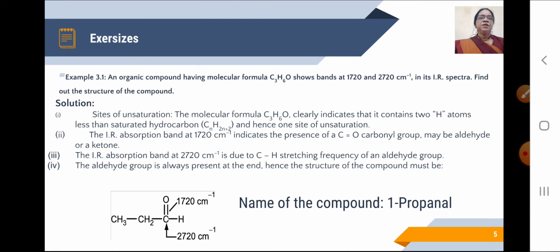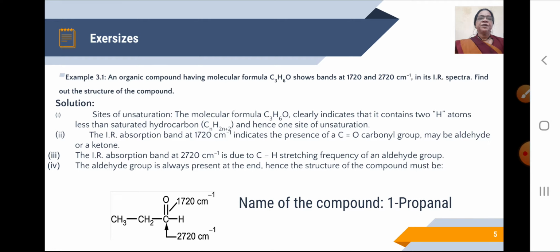The molecular formula C3H6O clearly indicates that it contains two hydrogen atoms less than the saturated hydrocarbon. That is, it contains one site of unsaturation. This means that it contains one double bond.